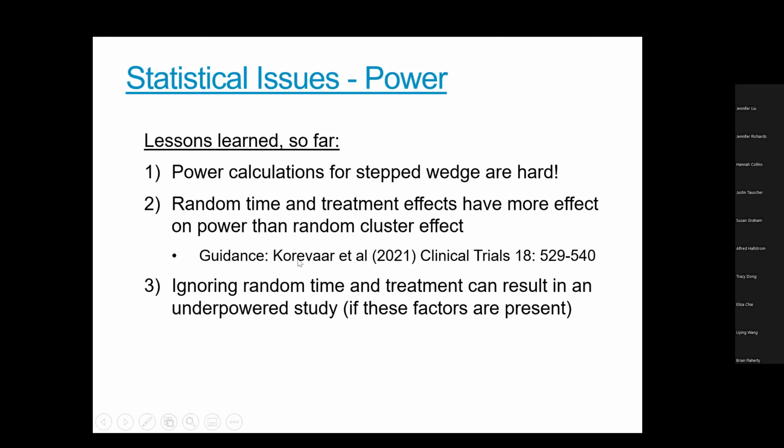And fortunately, this new publication gathers results from, I think, 40 trials and gives information on what the values of the time and treatment effects are, for various settings, for various fields of study. So that can be really helpful when I'm planning a trial and wondering what would be reasonable values to use. Use this reference as well as the one at the end of this talk. But a warning: ignoring these random time and treatment effects can result in an underpowered trial.